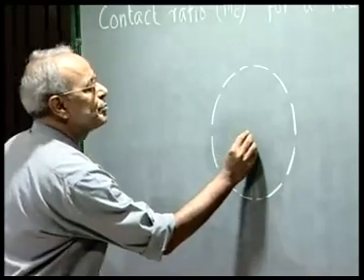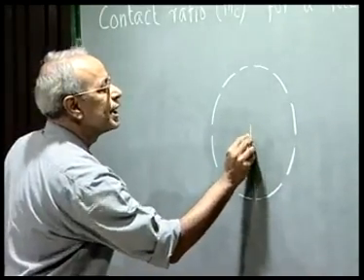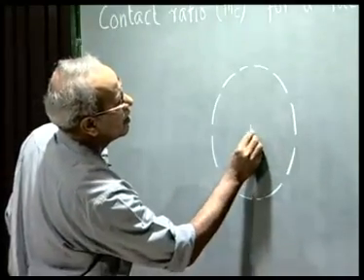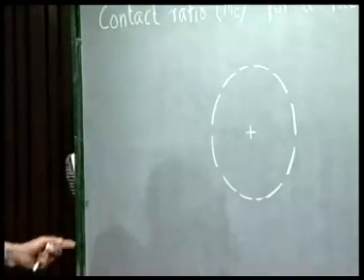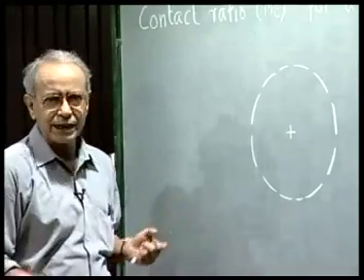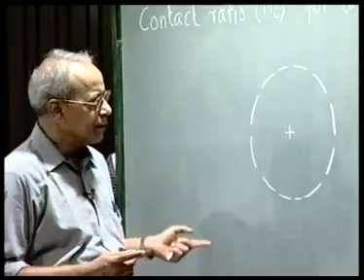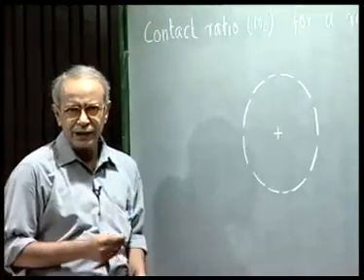Let us say this is the pitch circle of the pinion. For the rack, as we know, the pitch circle radius is infinity, that is, the pitch circle gets converted into a straight line.